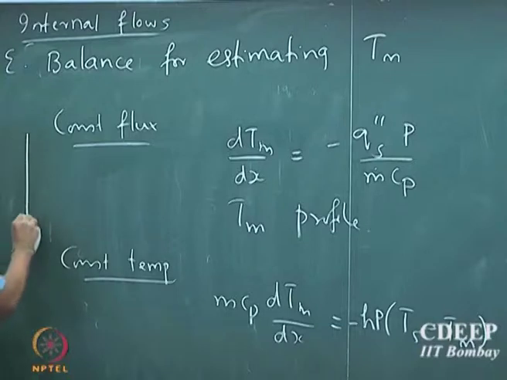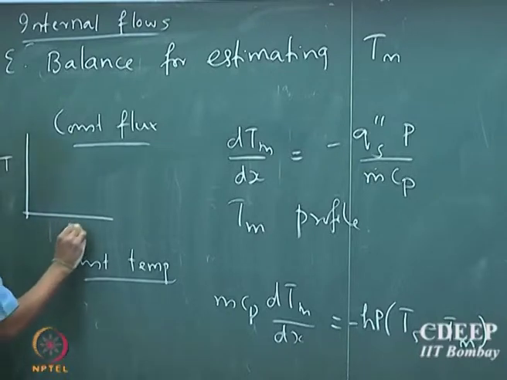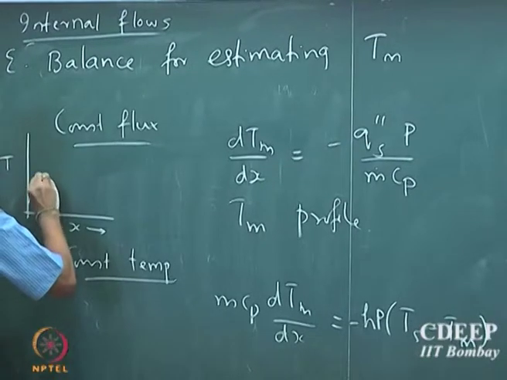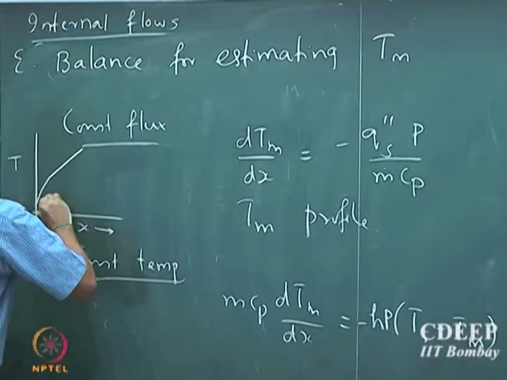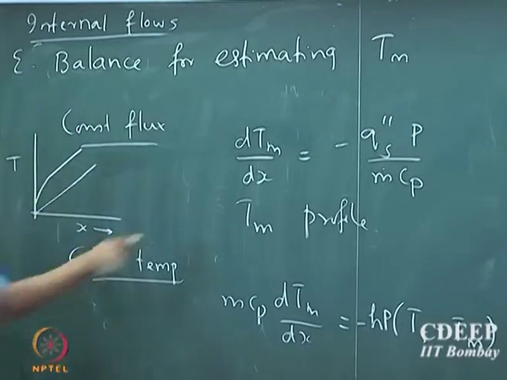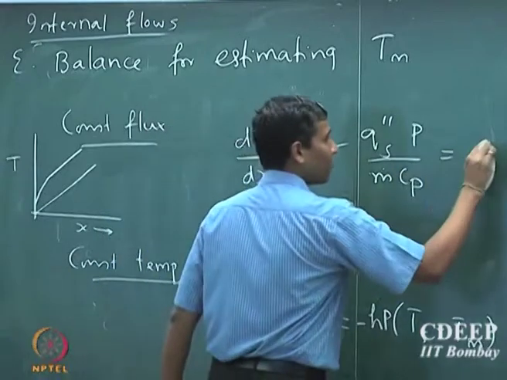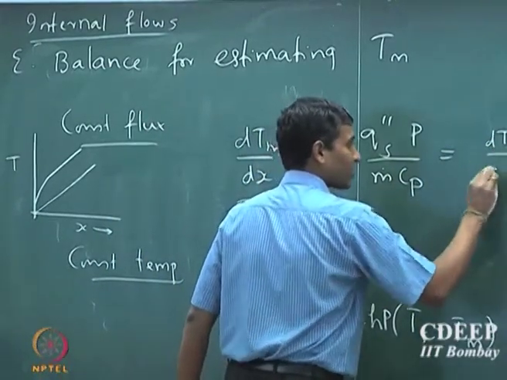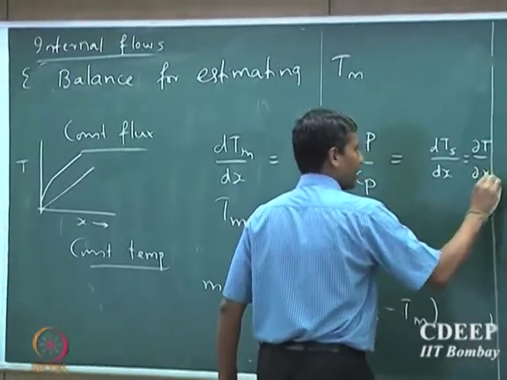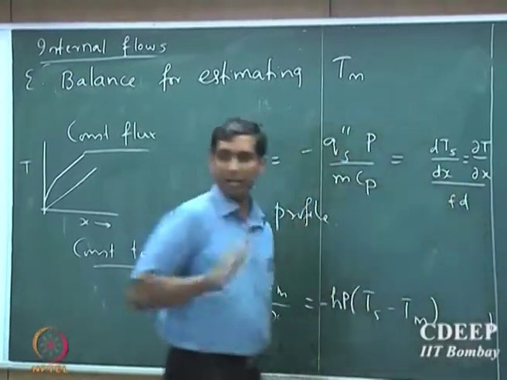So one can actually draw the temperature profile for a constant flux case. If I draw the temperature profile for constant flux, so remember we said that for constant flux case, dTm by dx is also equal to dTs by dx, that's also equal to dT by dx in the fully developed regime, right.